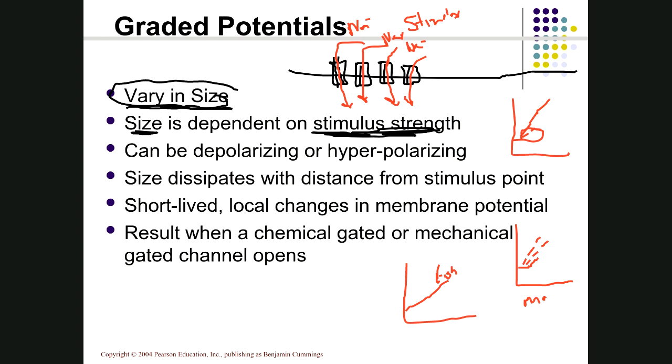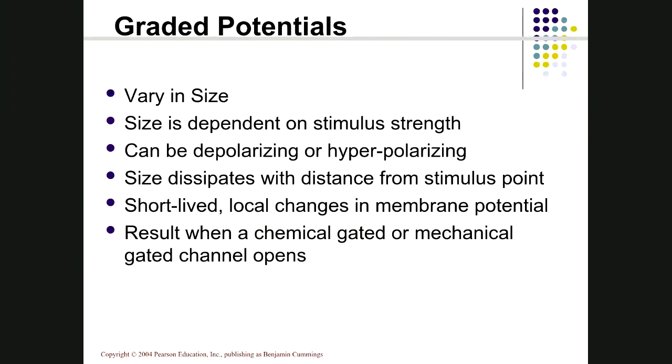Another thing about these is we already know we can be depolarizing or we can be hyperpolarizing. Remember, an excitatory stimulus makes it move this way, an inhibitory stimulus makes it move this way. So it can be depolarizing or it can be hyperpolarizing. It just depends on which kind of channel opens.